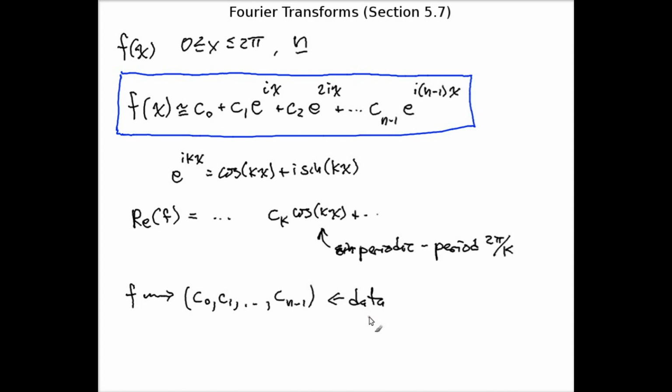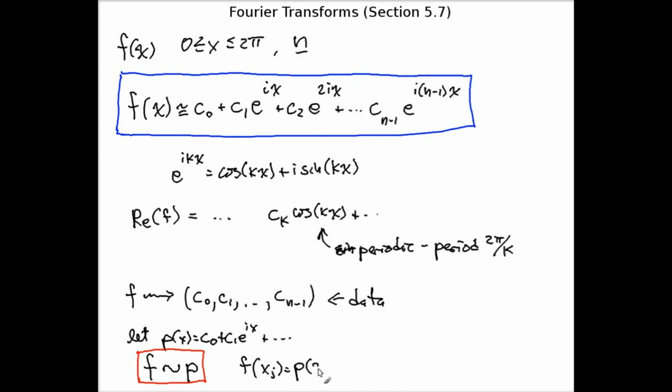And to make this a little bit more precise, I let p of x be this expansion c0 plus c1 e to the ix plus and so on, and I introduce the terminology f tilde p. By that, I mean that f of xj is equal to p of xj for all j's running up to n minus 1.